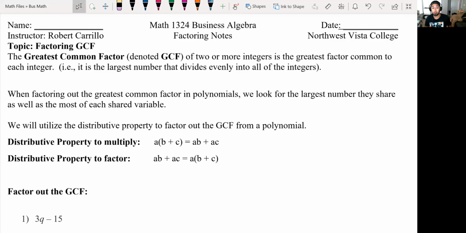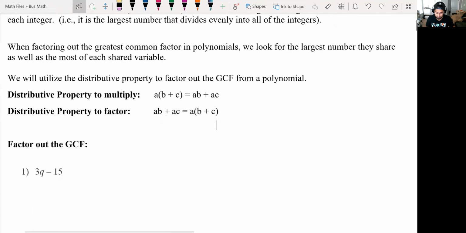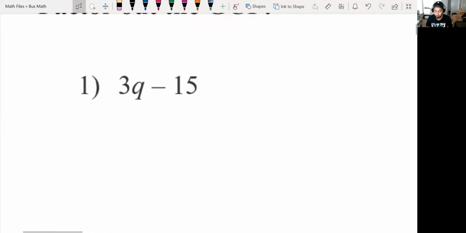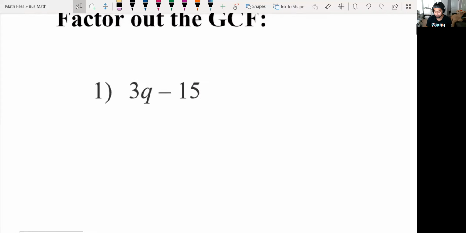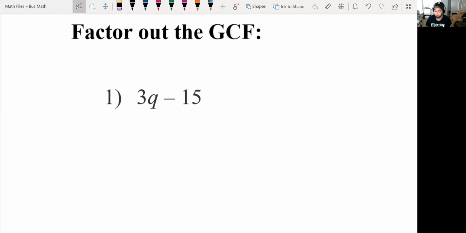Now we're going to do that with actual numbers. We'll start with number 1, 3q minus 15. Whenever we're factoring out a greatest common factor, the first thing to do is look at the numbers, 3 and 15. What number do 3 and 15 have in common, and what can we factor out?